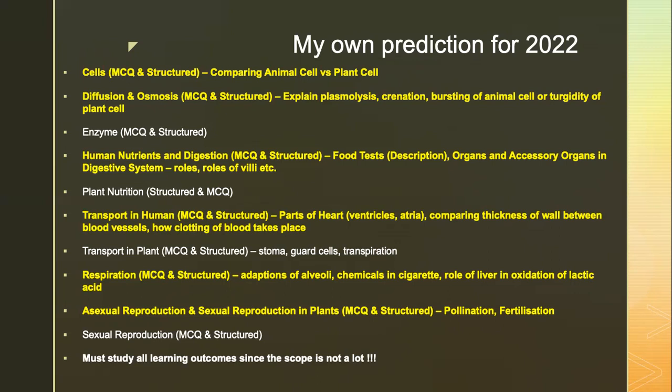In previous years, there were questions on smoking as well, about the impact of smoking on the damage of the lungs. It shows how at different ages, the extent of damage changes. So students need to be prepared for such questions.